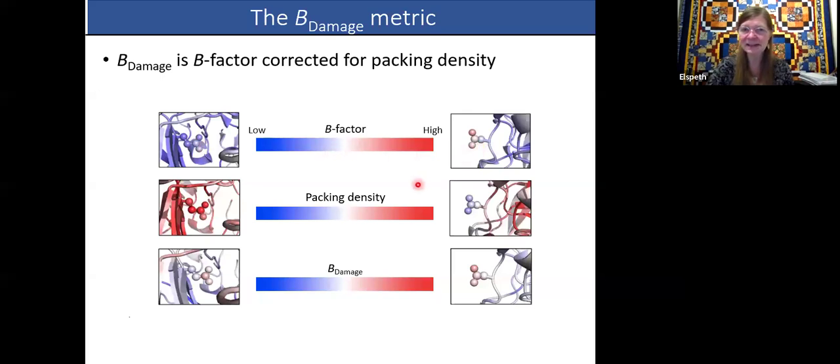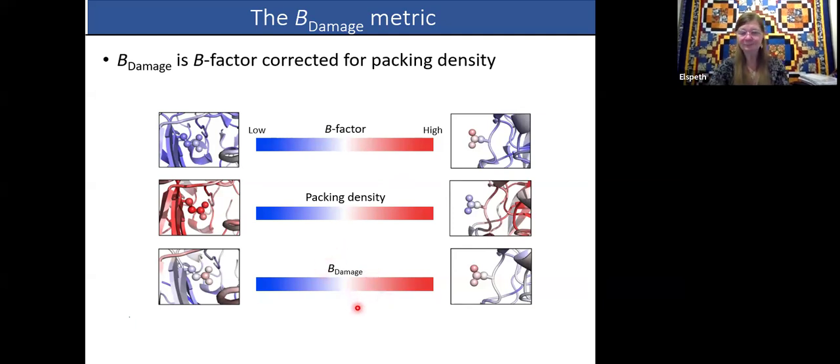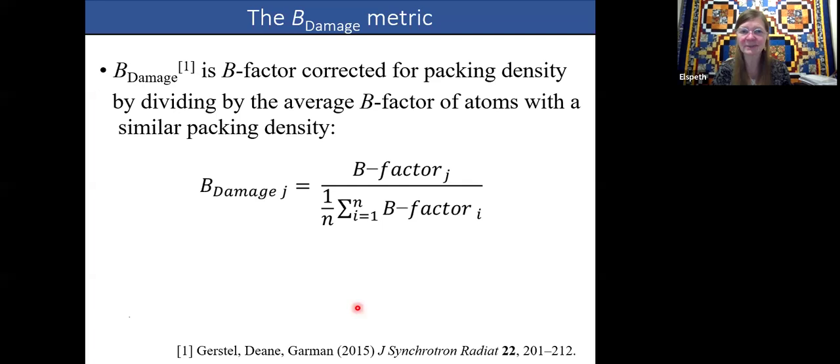So the question is, can I deconvolute the packing density from the B factor number to get rid of this dependence on how near the surface the amino acid is, or how easy it is for it to move around? And the answer is yes, and that's this B damage metric that we developed some years ago.